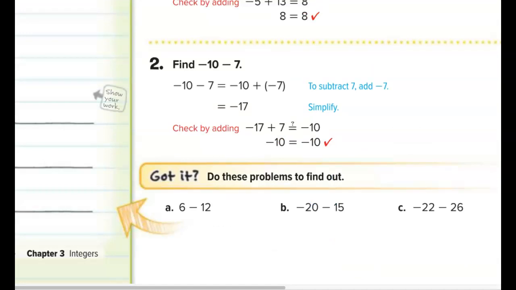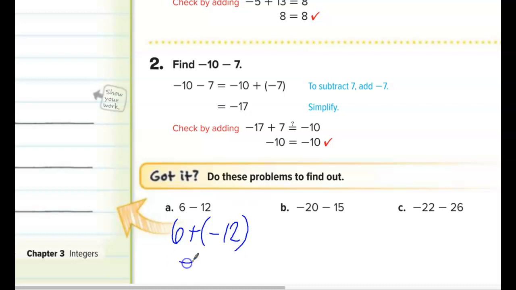All right, Destiny, how do I rewrite 6 minus 12 as an addition sentence? My 6 stays the same, right? My subtraction changes to addition, and then the opposite of positive 12 is negative 12, so 6 plus negative 12. Dylan, do I have more negatives or positives?